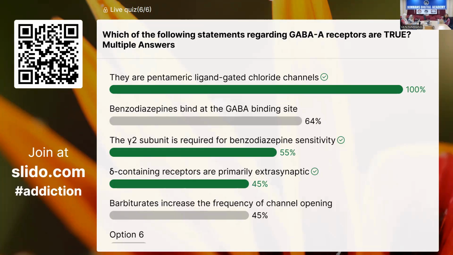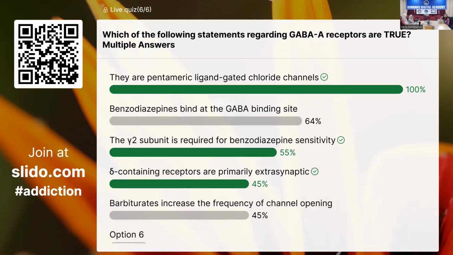These are extrasynaptic. They are responsible for the tonic release; we have phasic release and tonic release. Phasic release involves the synaptic GABA receptors, where whenever a receptor is bound there is release of GABA, and for example with alcohol or benzodiazepine use, that increases the benzodiazepine sensitivity.